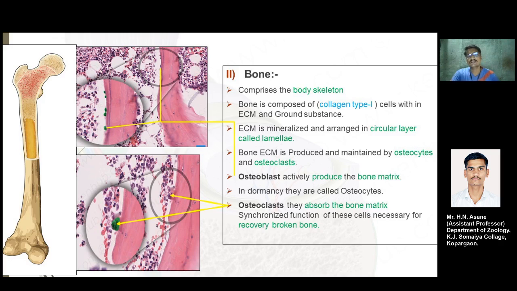These are the cells of the bone which maintain the extracellular material and its rigidity, and osteoblasts actively produce the bone matrix. The bone matrix is produced by the osteoblast.